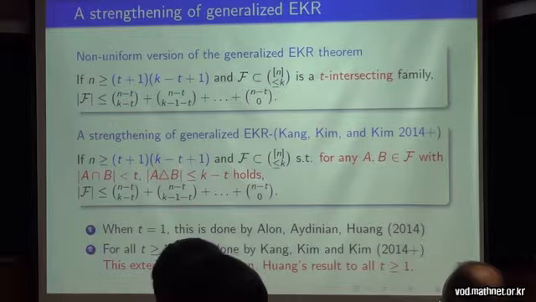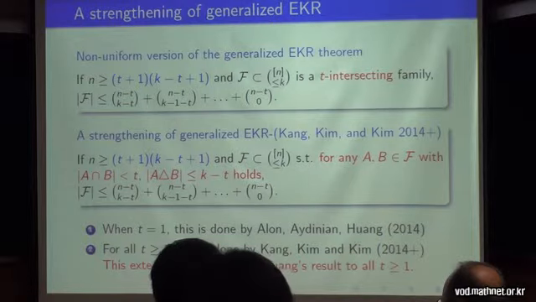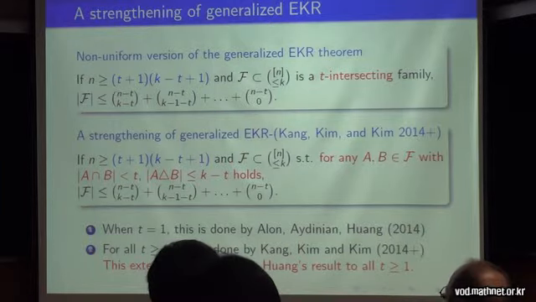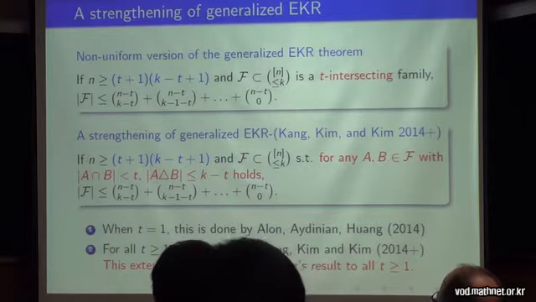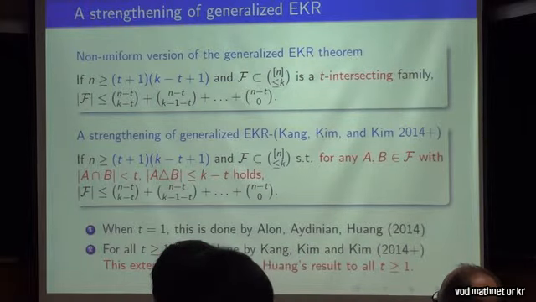We extended their result to the t-intersecting family, by putting a weaker condition than the t-intersecting property. What is the t-intersecting property? I already mentioned it.